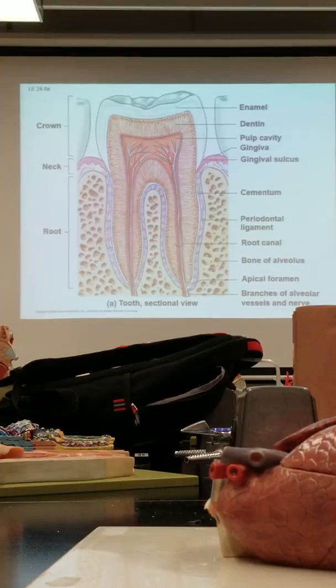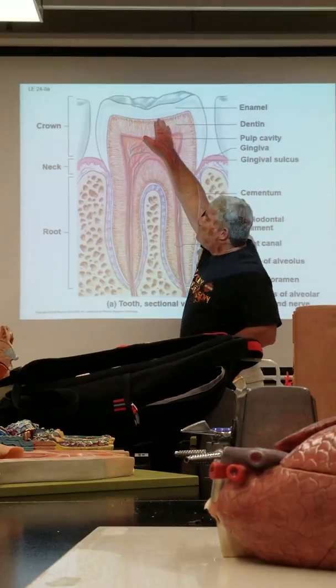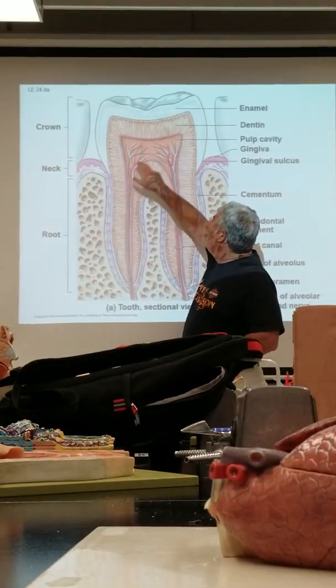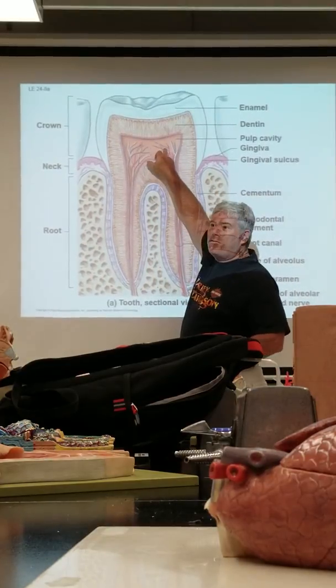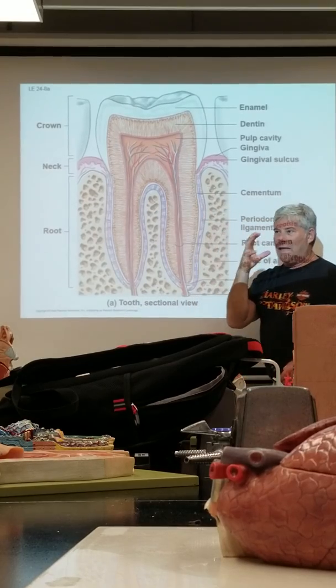Okay, guys, if you have a root canal, what's usually happening is you have a very large cavity up top, and it's actually hitting the nerves over here, so your mouth's lighting up.